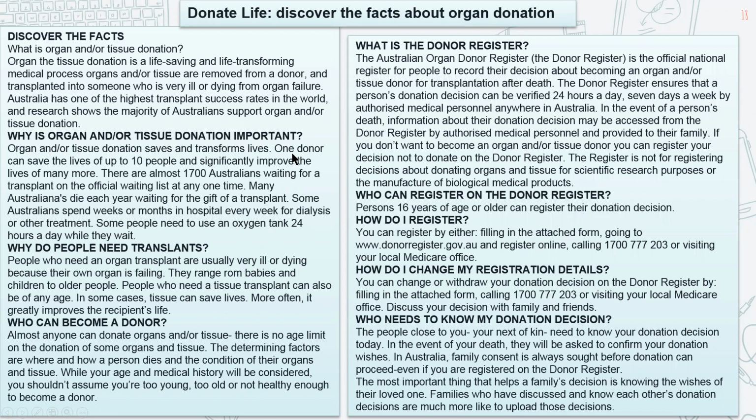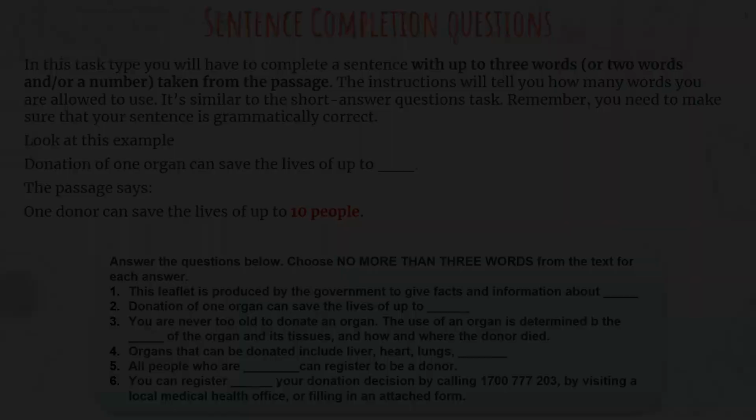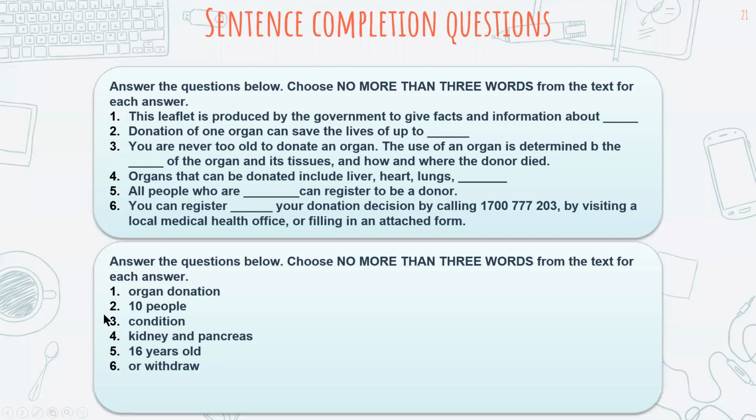Okay, one donor can save the lives of up to 10 people and significantly improve the lives of many more. One donor, okay? So this is a paraphrasing for one donor. So one donor can save the lives of up to 10 people.